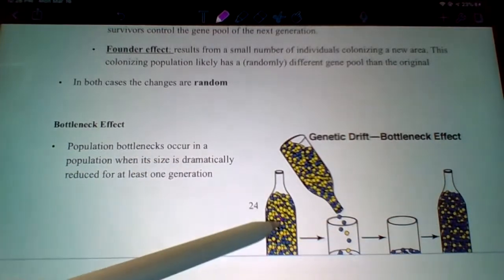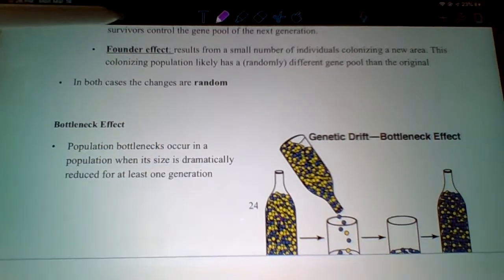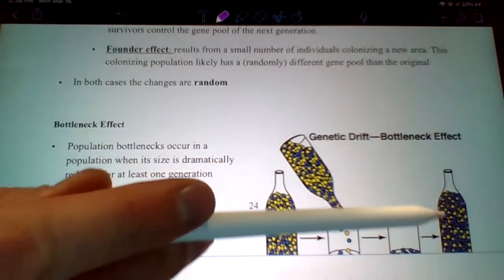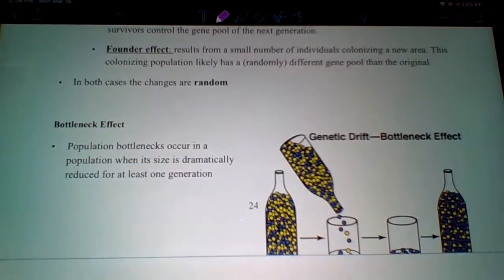If we compare these two compositions, we see we went from 50-50 to something more like 75-25, more blue. So this is the idea that a population bottleneck occurs in a population whose size is dramatically reduced for at least one generation.